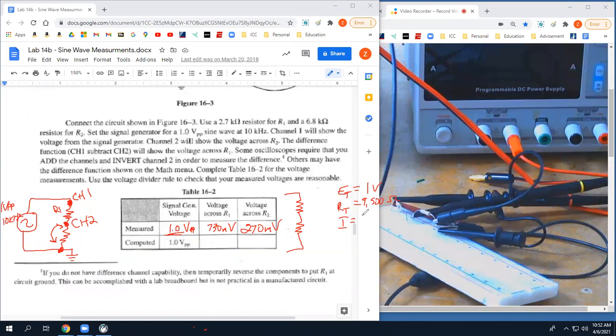I equals E over R, so 1 divided by 9,500. That'd be 105 microamps, wouldn't it? 0.105 milliamps. I'm just going to call it 0.000105 amps.